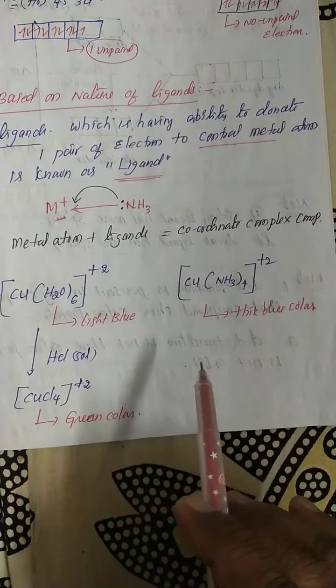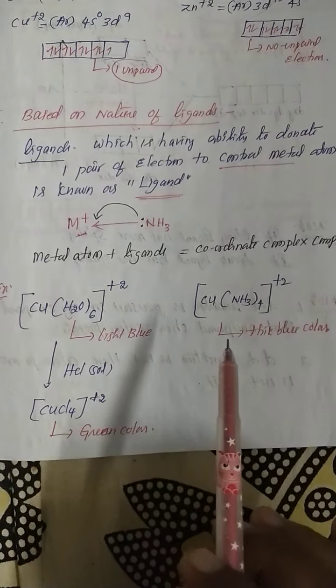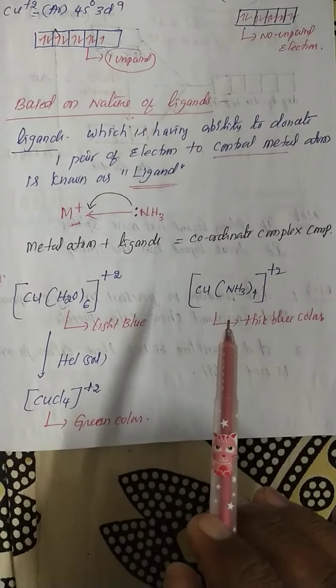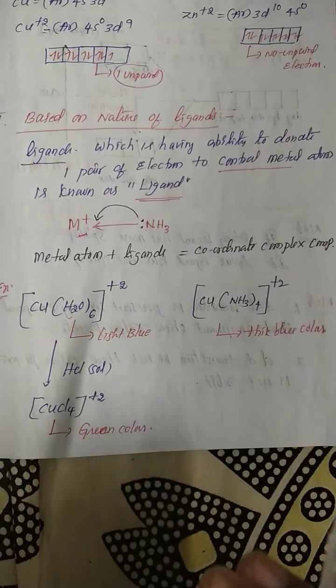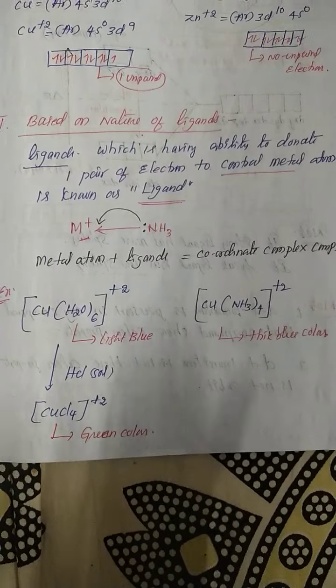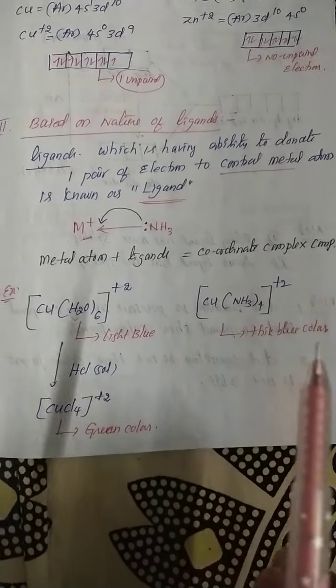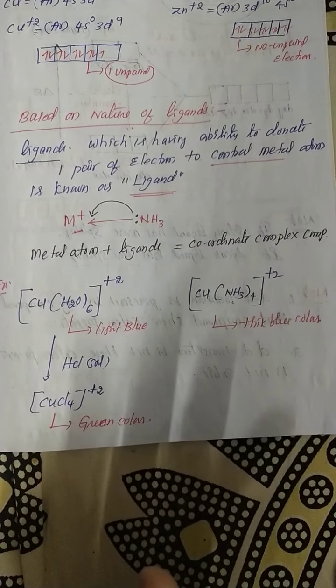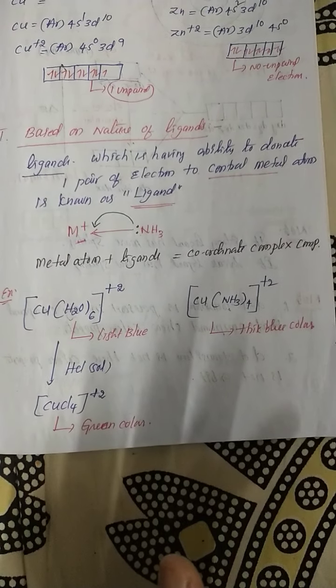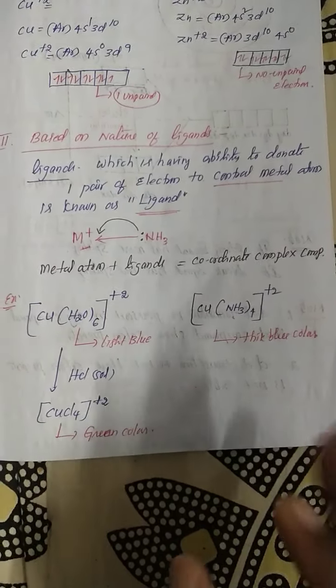So that's why, my dear students, a very important point: in complex or coordination compounds, the color property is decided by the ligands. All types of complex compounds are formed only by the d-block transition elements.